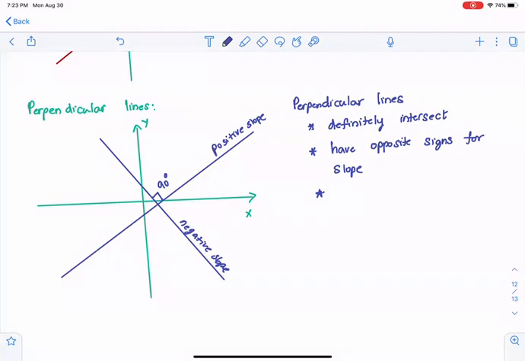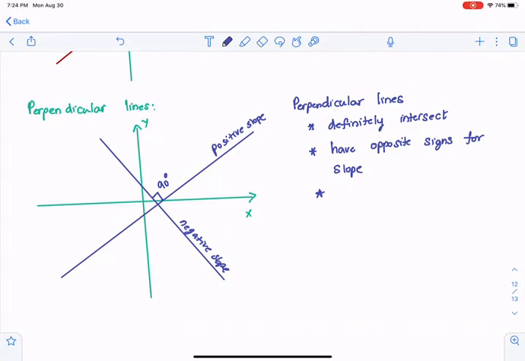So the most important requirement here is it will not just be negative, the slope, rather it will be the negative reciprocal of the slope of the first line. Only then you would have a 90-degree angle.